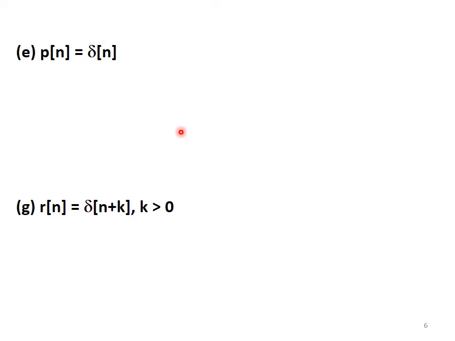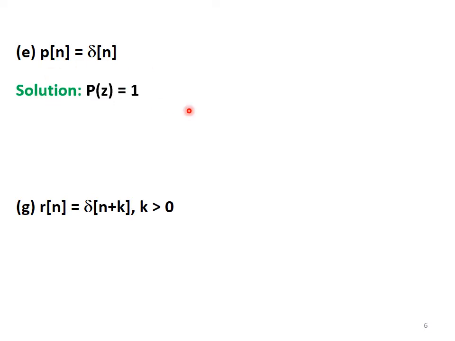Now in this example, P of n is equal to delta of n, where delta of n is a unit sample, right? So by definition, unit sample is 0 when n is not equal to 0, and it is equal to 1 when n is equal to 0, right? So this sequence only has one value at n equal to 0, all other values are 0.